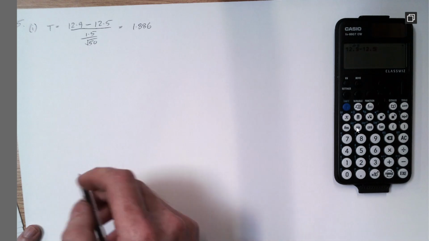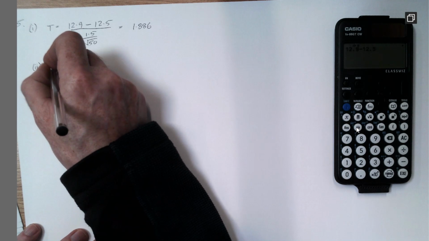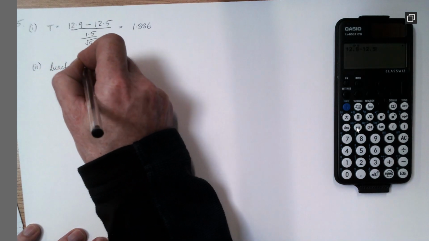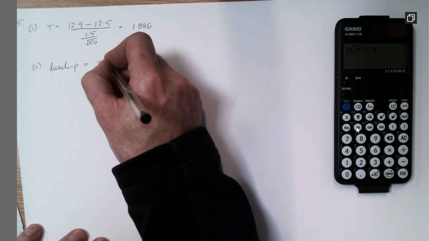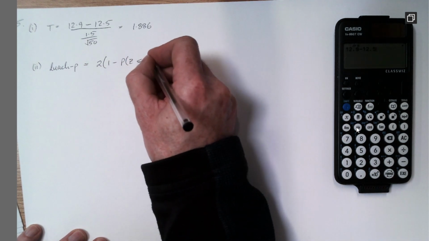Okay, now for the p-value. The p-value is one minus the probability equal to the z-score, that is, the test statistic.